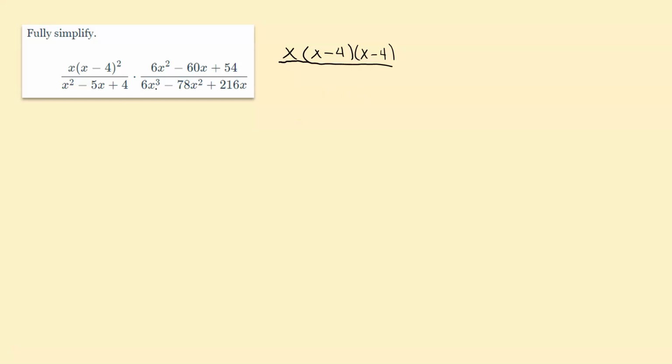And then this we can factor to x minus 4 times x minus 1. And then here, I think we have a GCF of 6. So we'd have x squared minus 10x, and then this would be plus 9.